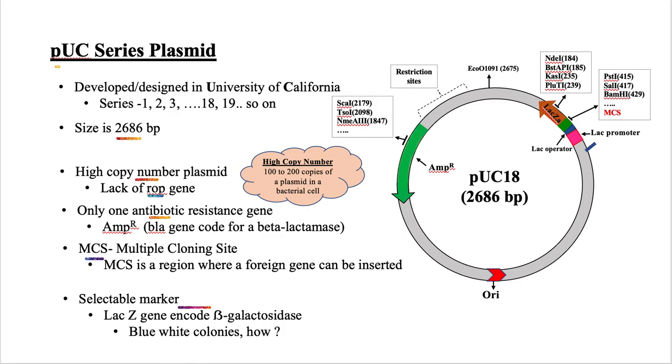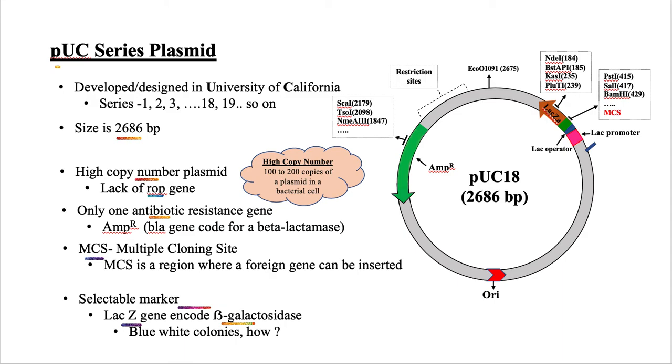The selectable marker in this particular plasmid is not an antibiotic resistance gene. There is another gene, the Z gene, which codes for beta-galactosidase. Beta-galactosidase acts on a substrate to make a colored product that can be easily distinguished when we grow these colonies on a petri plate.